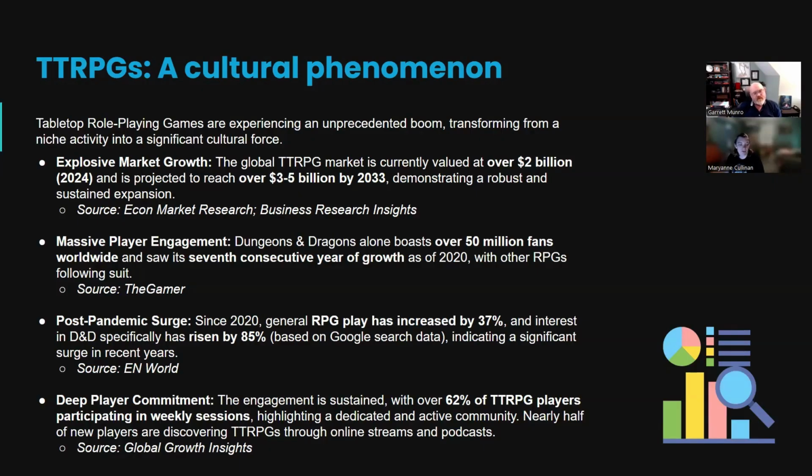I especially appreciate the growing diversity. This is not just white neckbeards in their daddy's basement anymore, right? Not that it ever really was.